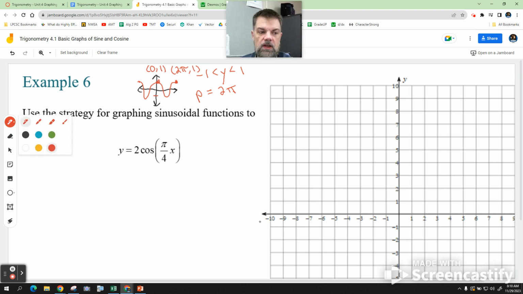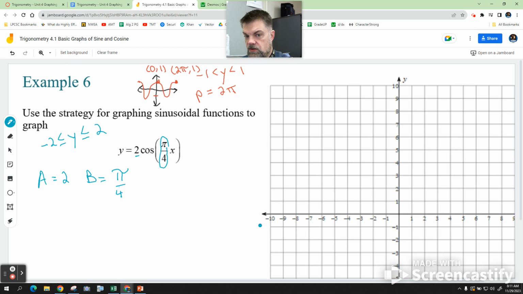And so in order to graph this one, we've got to identify some things. So the amplitude A is equal to 2, and B, which has an impact on the period, is equal to pi over 4. Okay? So that tells me that my range is going to go from -2 to +2.